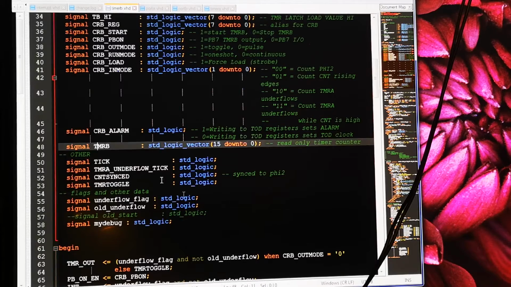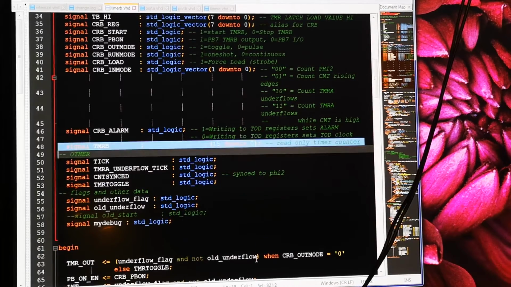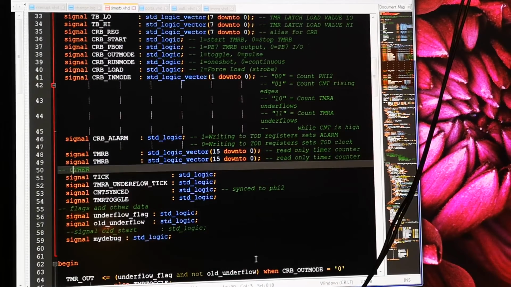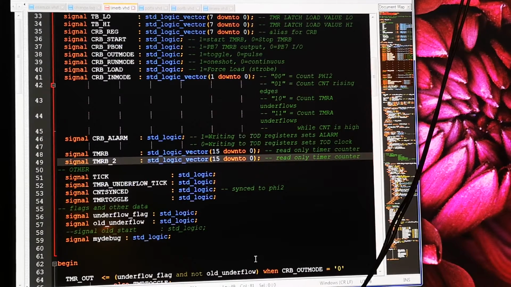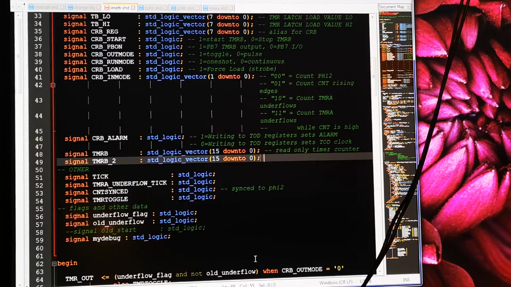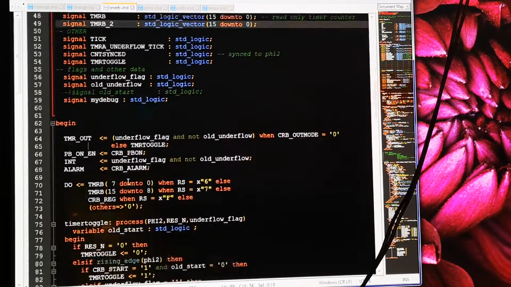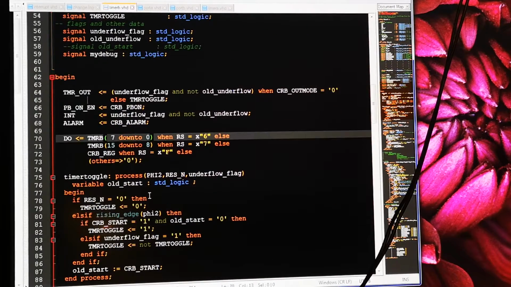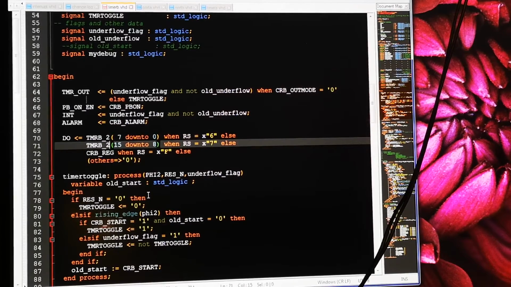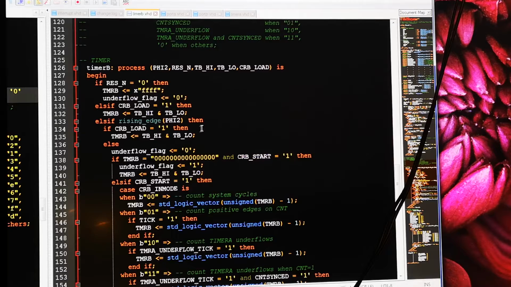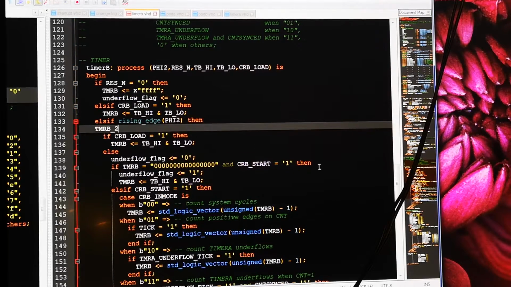See, here we have timer B. Let's make a copy, timer B2. And we're going to send that out on the data board. And if you have a rising edge, we're going to basically just copy it.